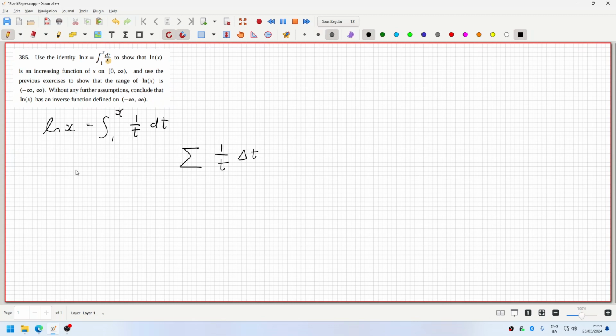I could say log x is equal to the limit as delta t goes to 0, but 1 over t (1 to x), yeah, but 1 over t is positive.